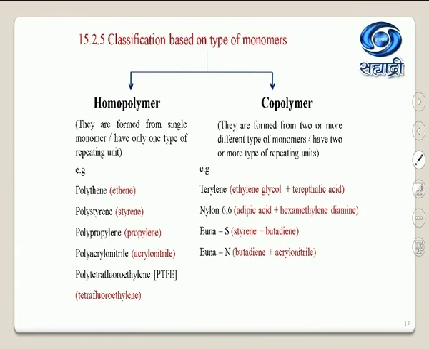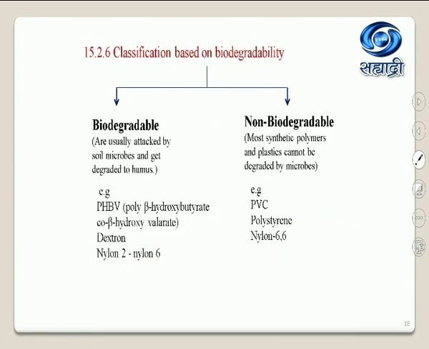Butadiene contains two double bonds and 4 carbon atoms. Buna N, this polymer is obtained from butadiene and acrylonitrile. So in this way, depending upon monomers, polymers are classified as homopolymer and copolymer.